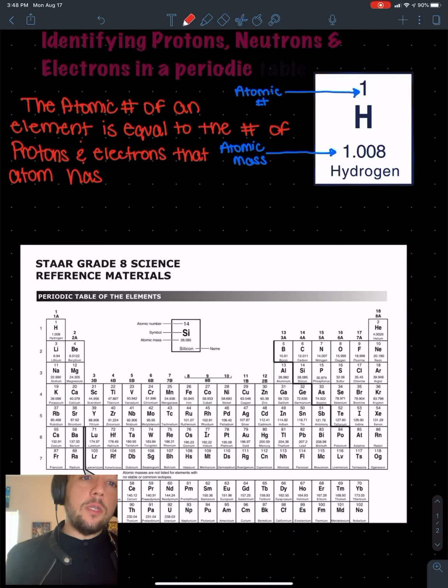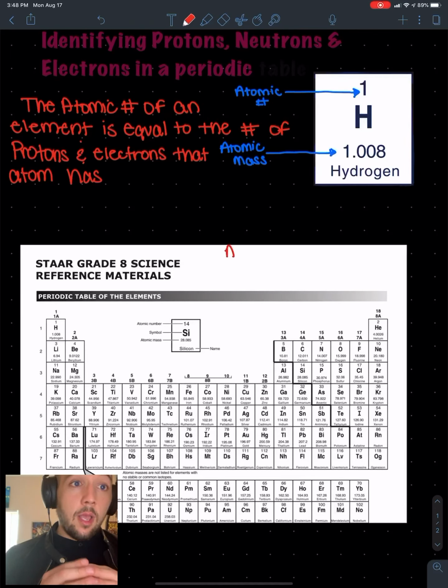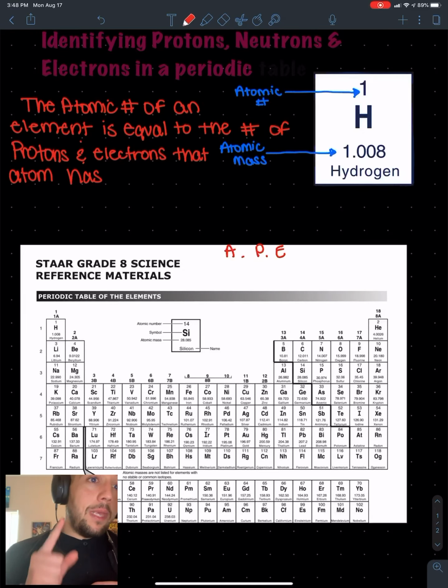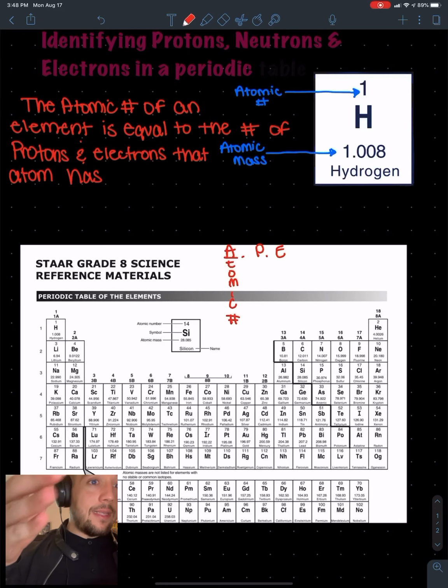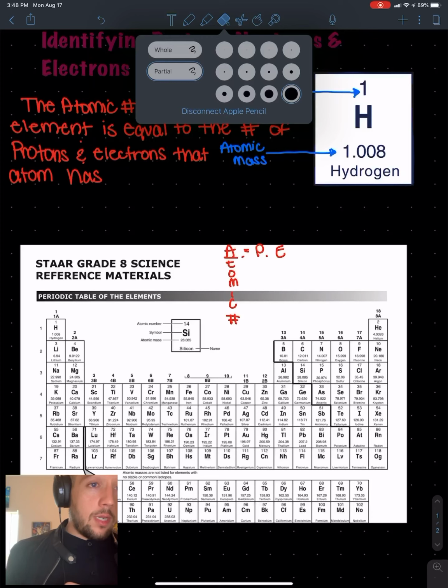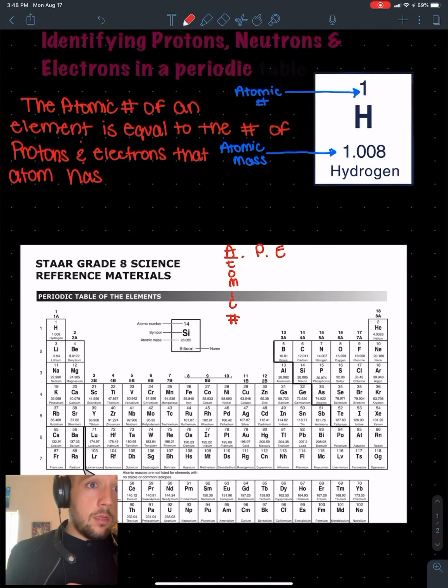There's a very easy way to remember this, an acronym called APE, A-P-E. A equals P equals E. What that means is that the atomic number equals the number of protons, and it also equals the number of electrons.